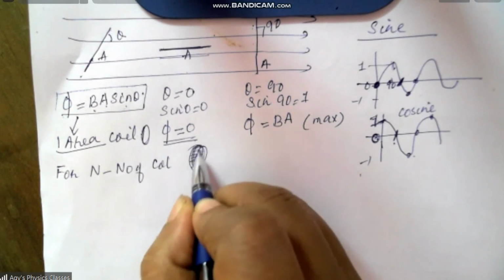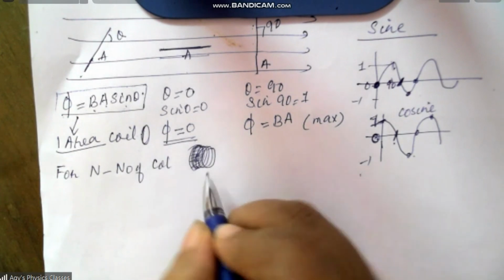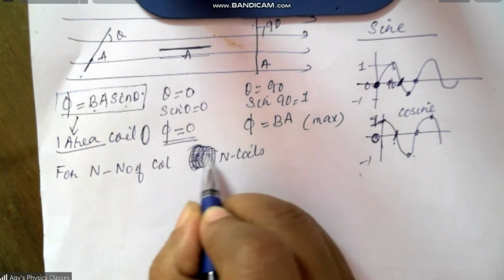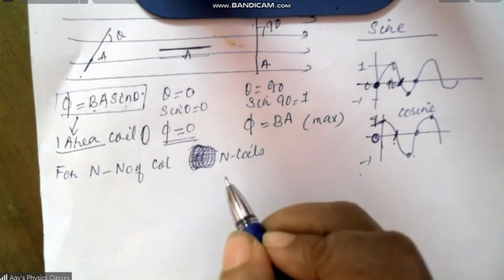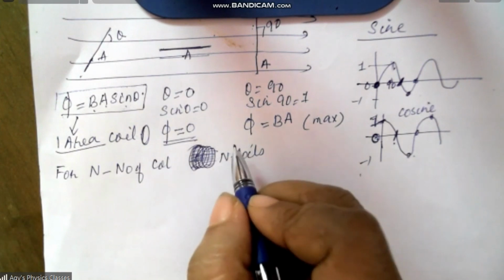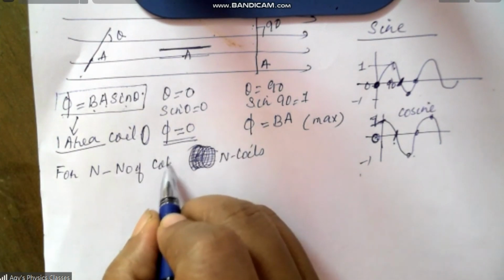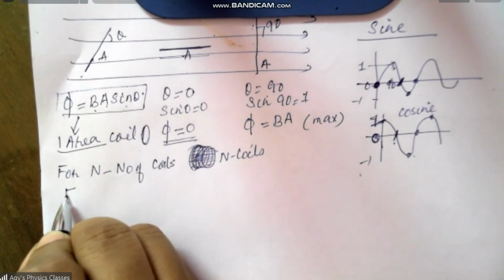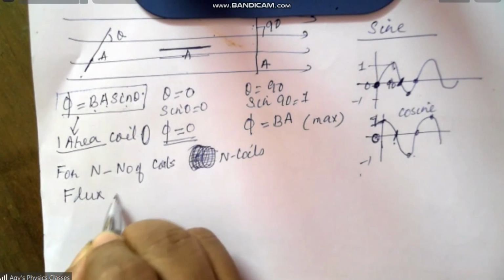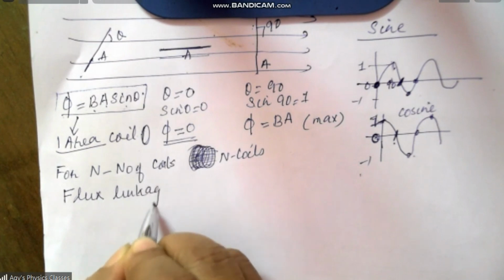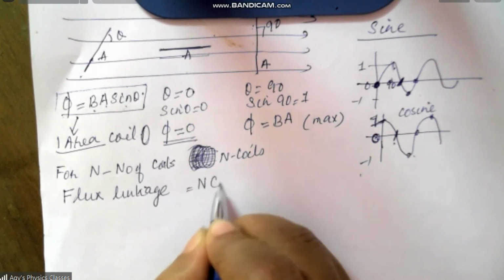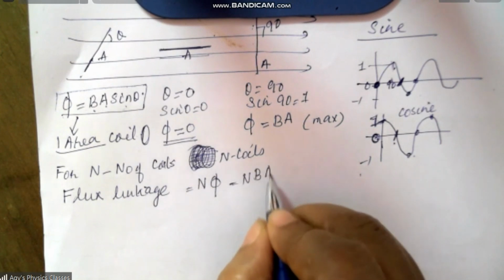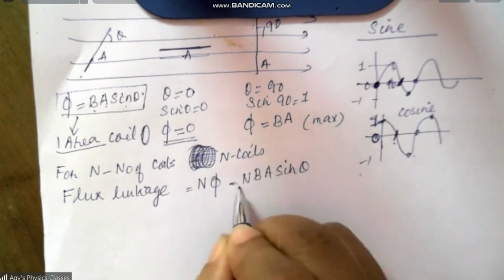What if you have got multiple coils like a spring? N number of coils. The area of each one is one A. There are n A's. So for n number of coils, we say the flux linkage is equal to n into phi, which is equal to n into B into A into sine theta.